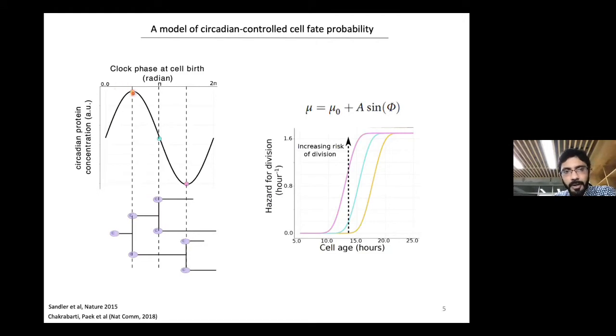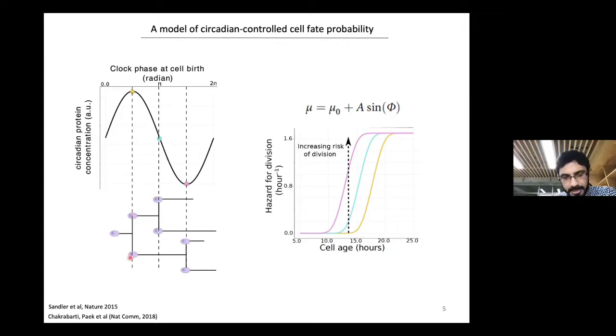Now, if you've built a model like that, let me explain intuitively why you might expect cousin correlations that are stronger than mother-daughter correlations. What's going to happen is the following. Each individual cell in your population is going to divide at slightly different times, okay? So there's an intrinsic heterogeneity in cell division times in any given cell line or any given population of cells.